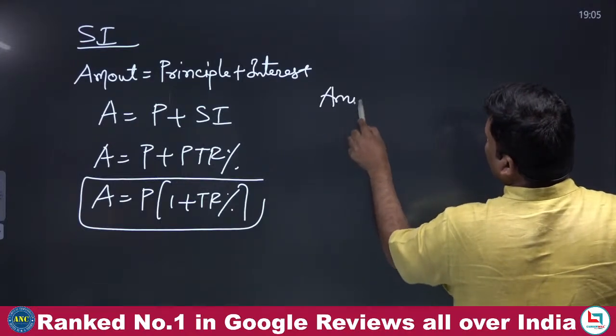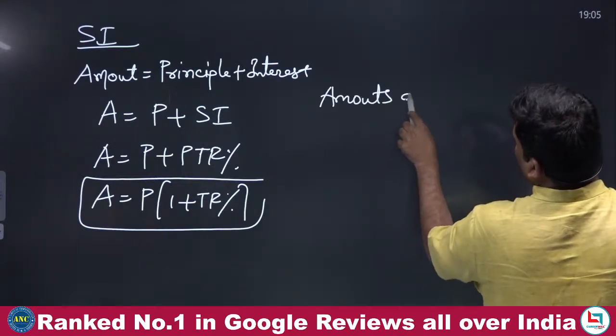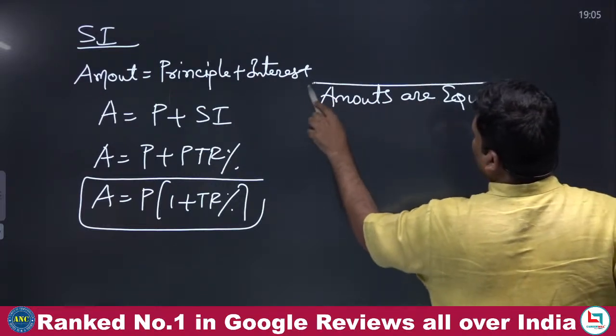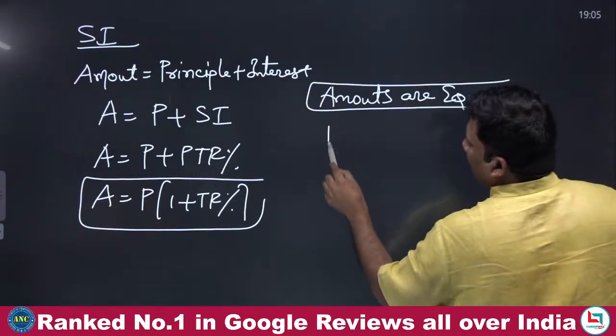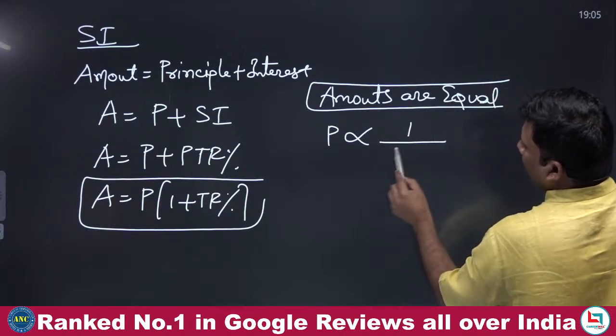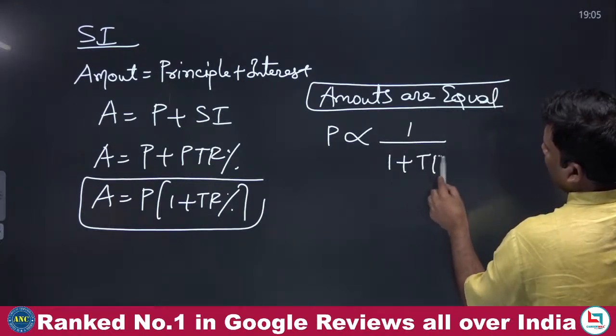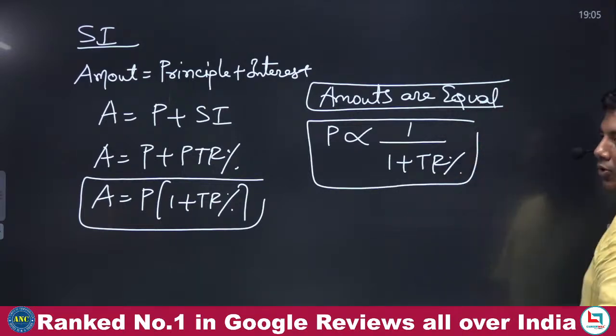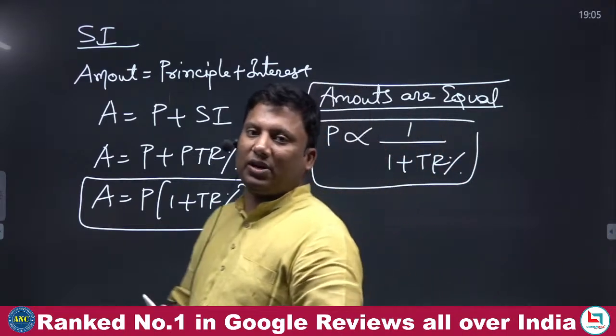If the amounts are equal, then principal is inversely proportional to 1 plus TR percentage.